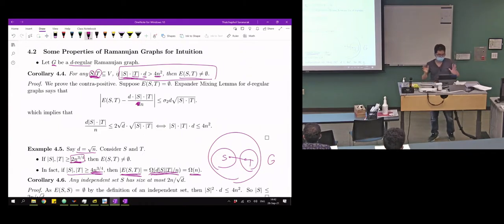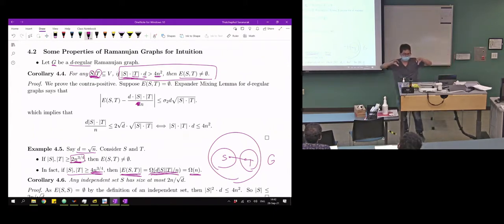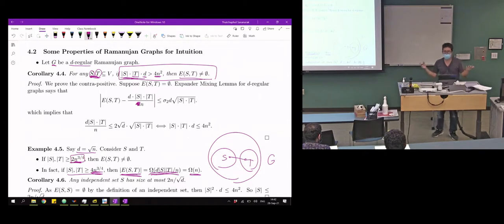This is just an example. For a clique, if you take any 2 sets, there is always an edge between them. Here you don't quite have that, but at least if you take 2 sets which are big enough, still quite small, but big enough, then you will have an edge too. You can conclude that if the graph is Ramanujan or has very small sigma 2.